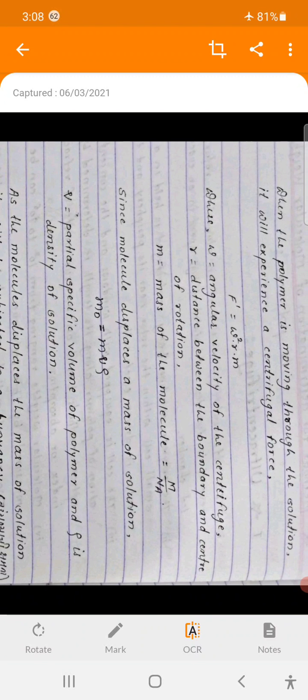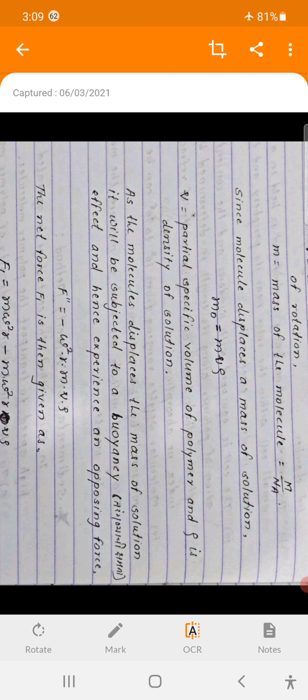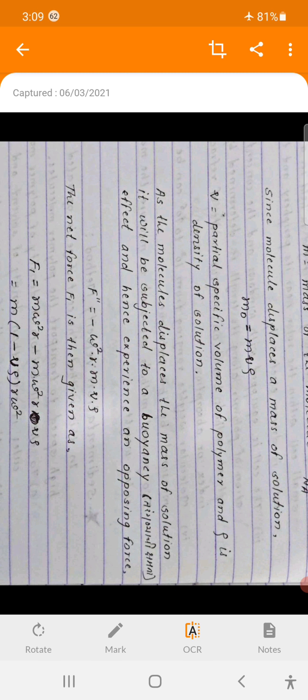Since the molecule displaces mass of solvent solution, when the polymer moves towards the bottom, it displaces solvent solution having mass m0, and as the molecule displaces the mass of solution, it is subjected to a buoyancy force, which is an opposite force.